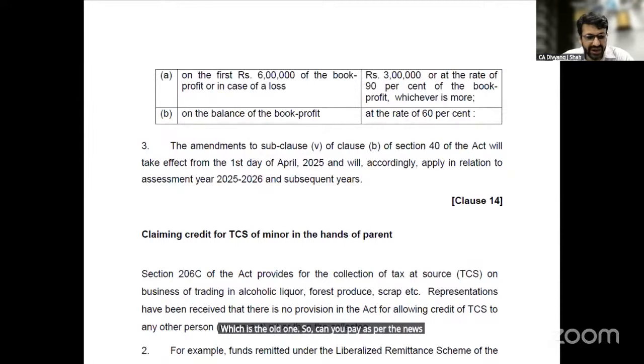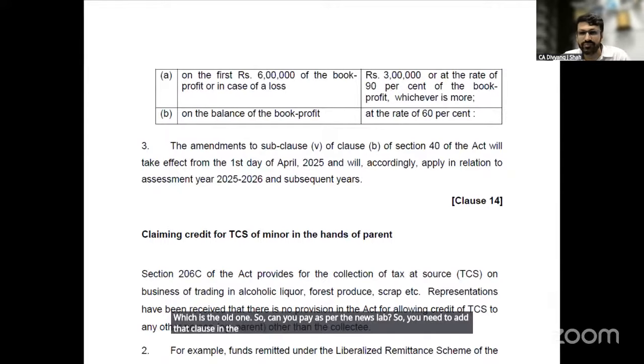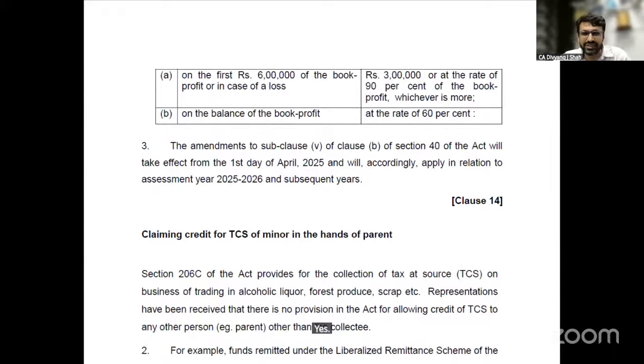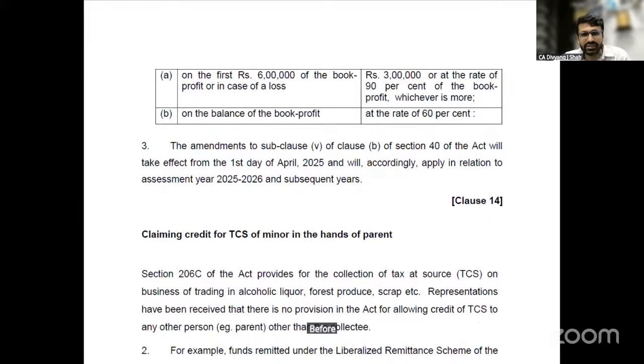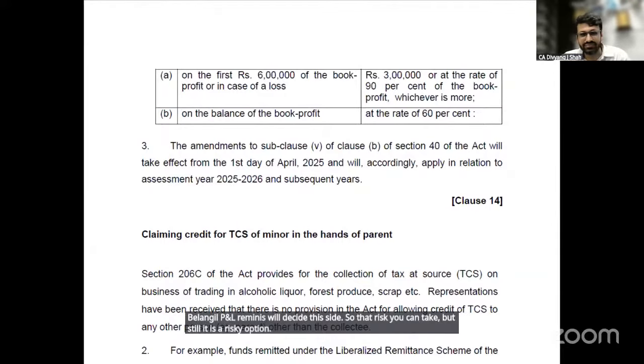You need to add that clause in the partnership deed. One thing you can do, if you missed that amendment, is to make the amendment in the partnership deed before deciding the remuneration, because remuneration is decided at the time of finalization of the balance sheet and P&L. That risk you can take, but still it is a risky option.